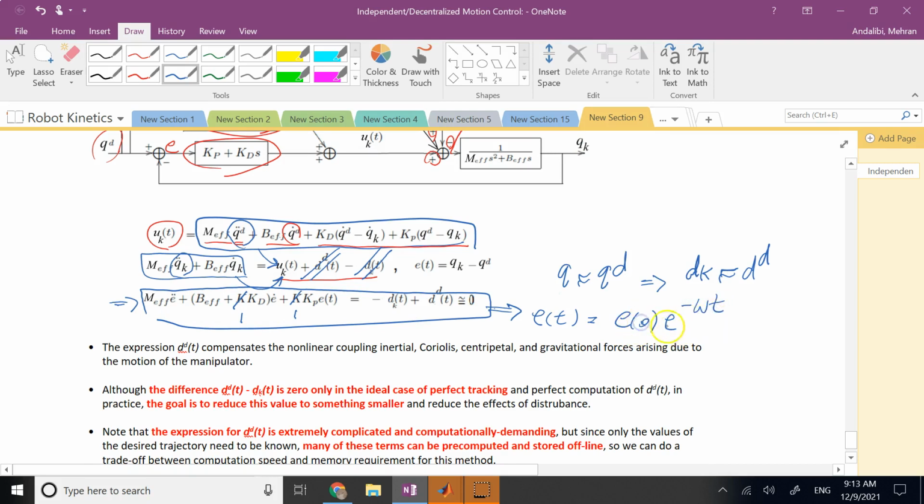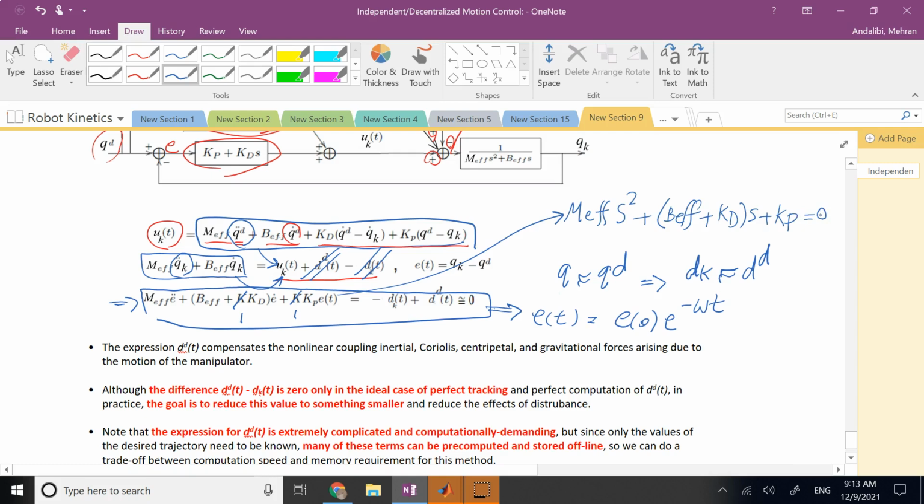So my error should exponentially go to 0 if the roots of the characteristic equation have negative real parts. The characteristic equation in this case is m effective s squared plus b effective plus kd times s plus kp equals 0.